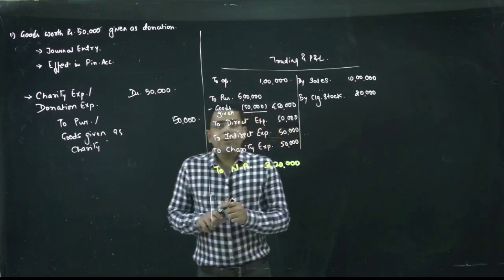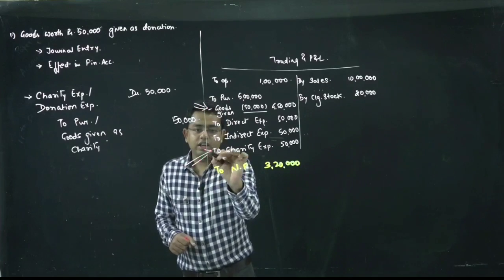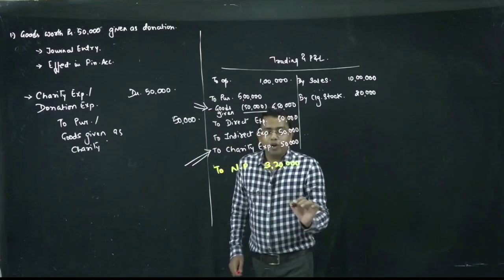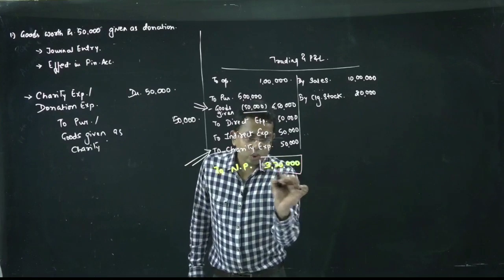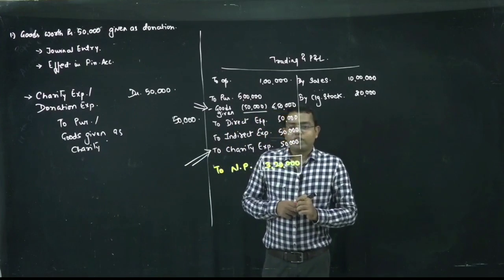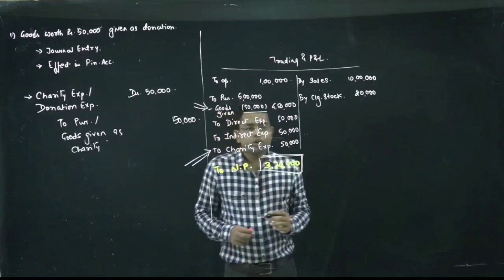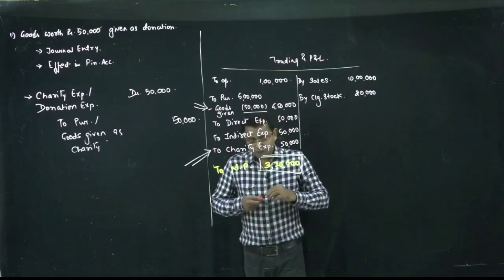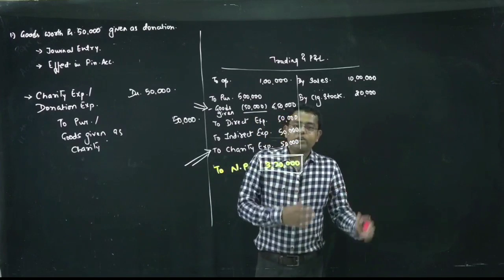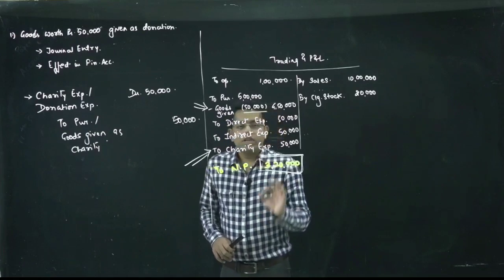Why? Before passing this entry, my net profit was 3,20,000, and after passing this entry, my net profit is still 3,20,000.